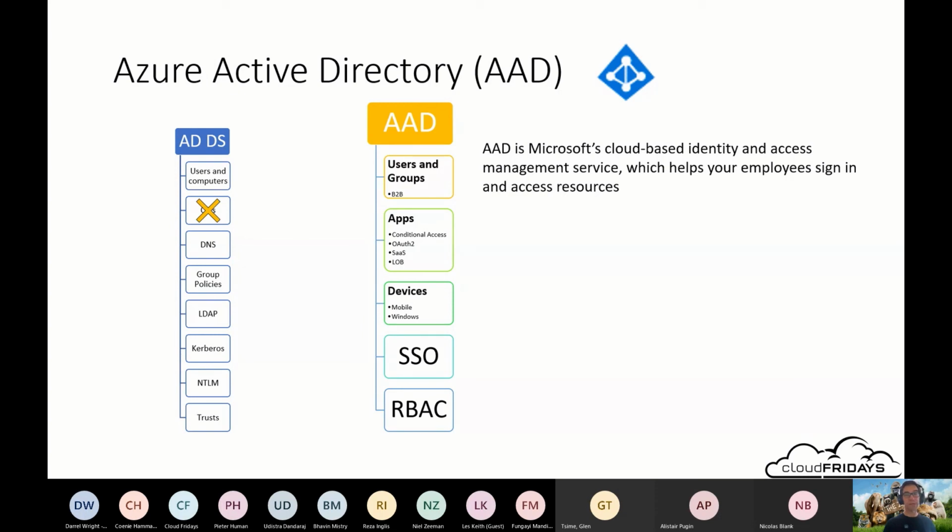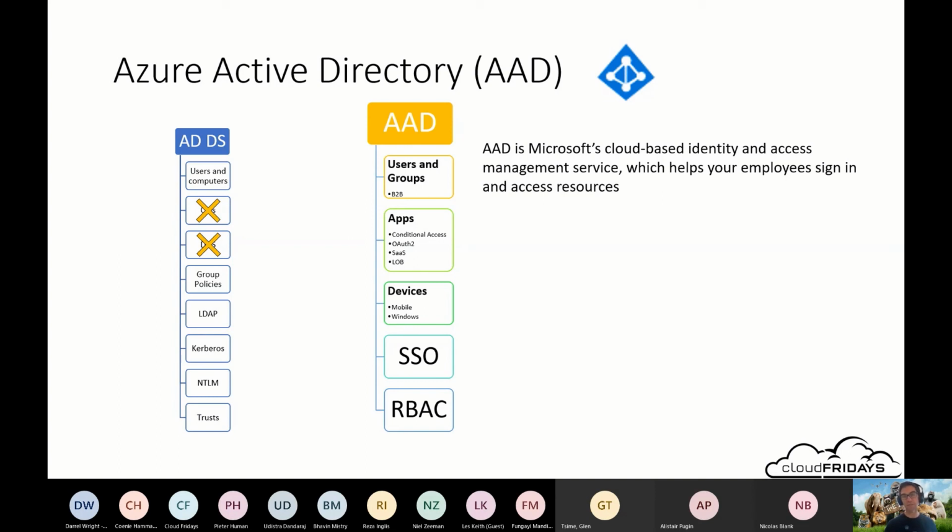Now, what you don't get is OUs, so you don't have organizational unit structures, and you can't create a custom structure or hierarchy. It's a very flat structure. You don't have DNS, really. There is Azure DNS, but you can't manage it.